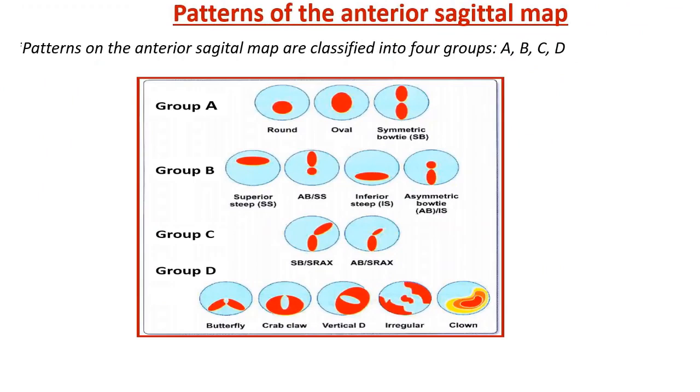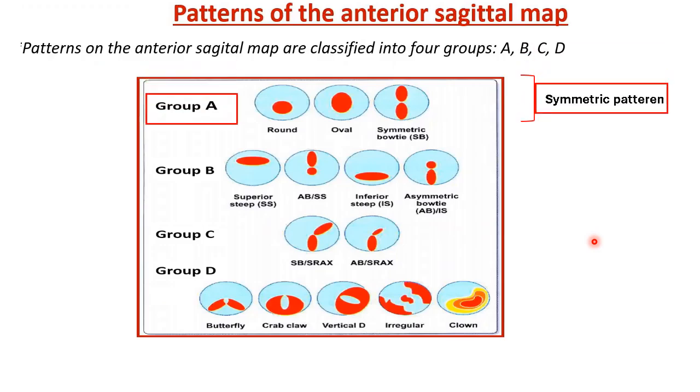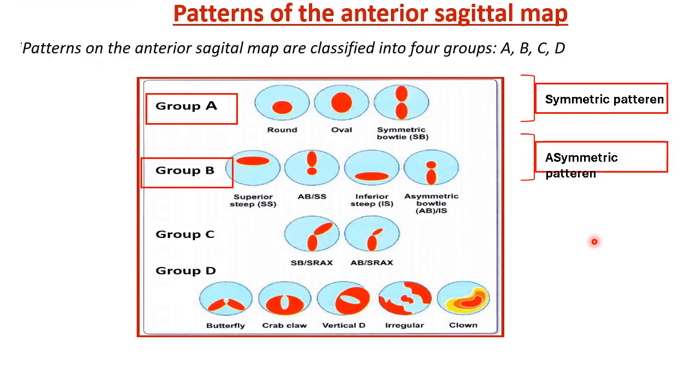As I said earlier, the axial map is used and preferred by doctors to determine the pattern of corneal irregularity and the type of astigmatism. So based on the Rabinowitz classification, the different types of corneal patterns are divided into different groups: the symmetric group and the asymmetric group, like asymmetric bowtie with superior steepening, inferior steepening, and symmetric bowtie with inferior steepening.